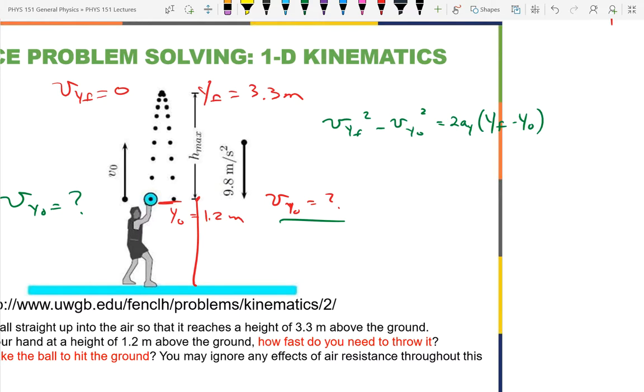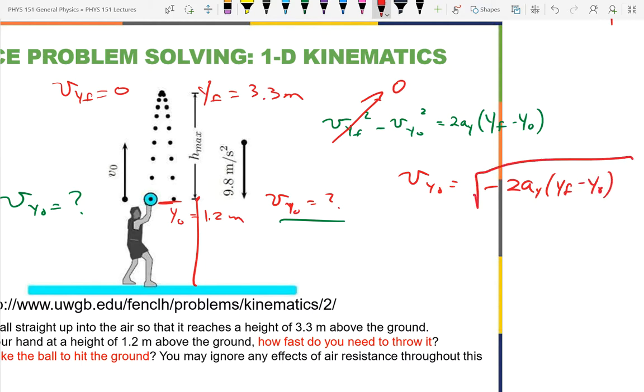Pay attention to what you're looking for. I'm looking for Vy initial. So I am simply going to go straight to, we know that's 0. Notice I do have to be careful with my minus signs.